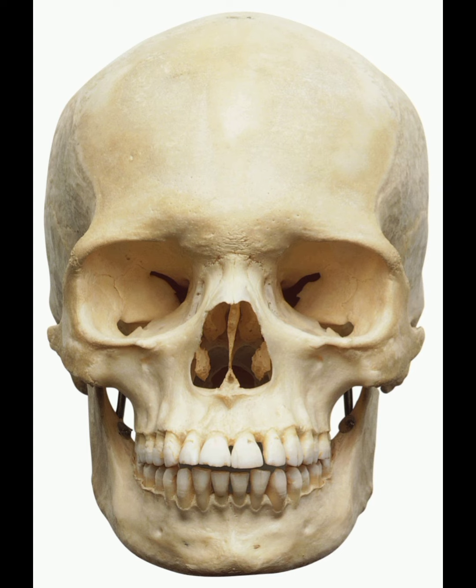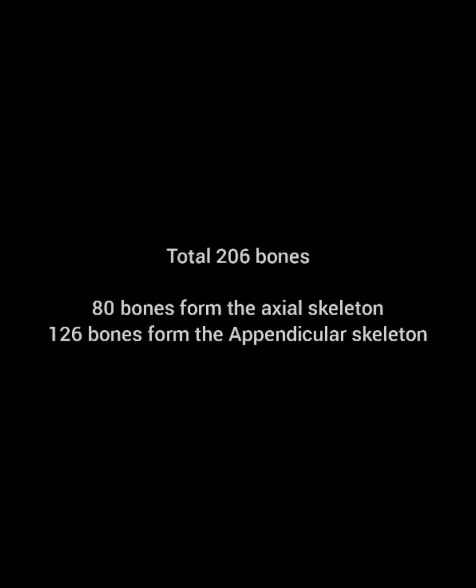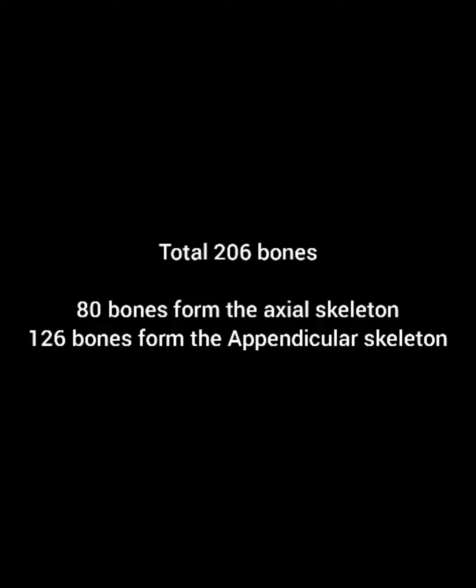In the axial and appendicular skeleton, a total of 206 bones constitute the adult human skeleton. Of these, 80 bones form the axial skeleton and 126 bones form the appendicular skeleton.